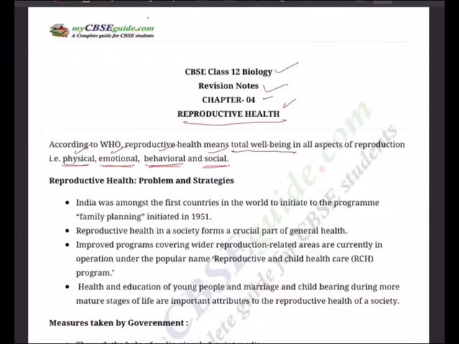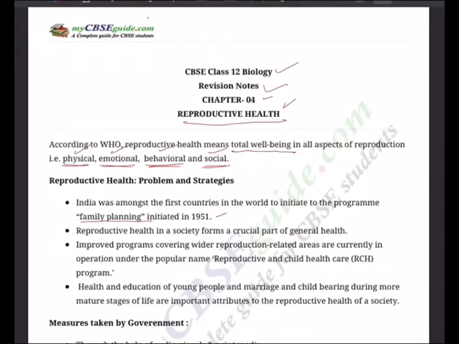India was among the first countries in the world to initiate the family planning program, initiated in 1951. Reproductive health in a society forms a crucial part of general health.